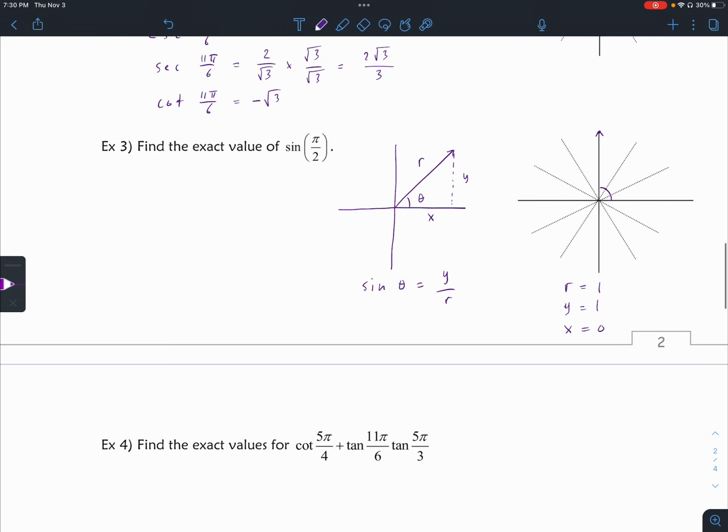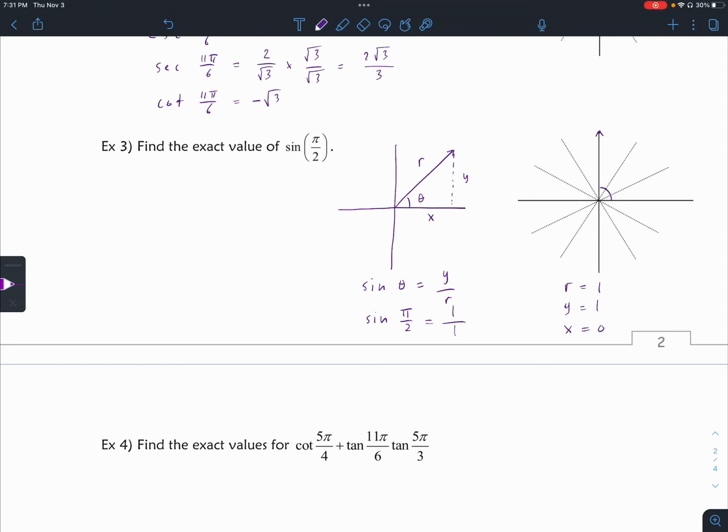Now, if we use this definition that sine theta is equal to y over r, that means that sine of pi over 2 is going to equal 1 for y, over 1. So y is 1 and r is 1.